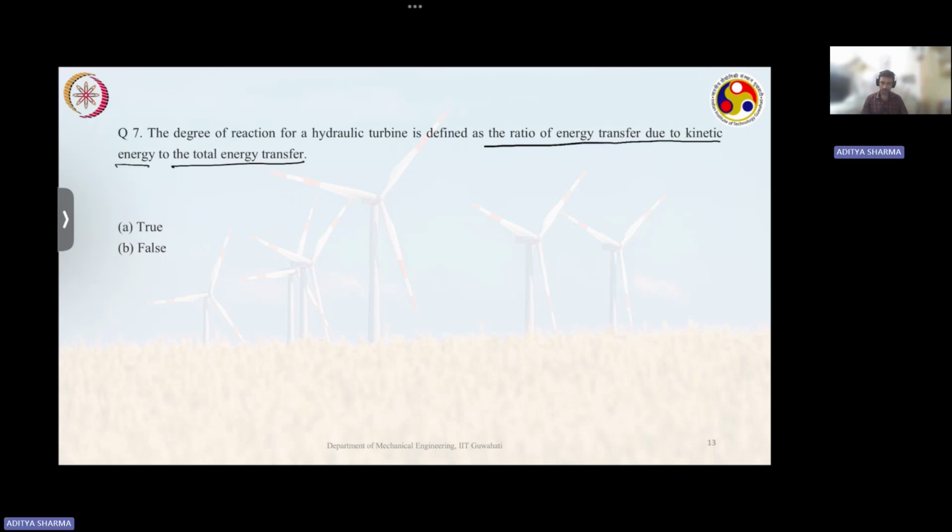This is the ratio of energy transfer due to pressure drop, not kinetic energy. So this is a false statement. I hope there is no doubt in it.